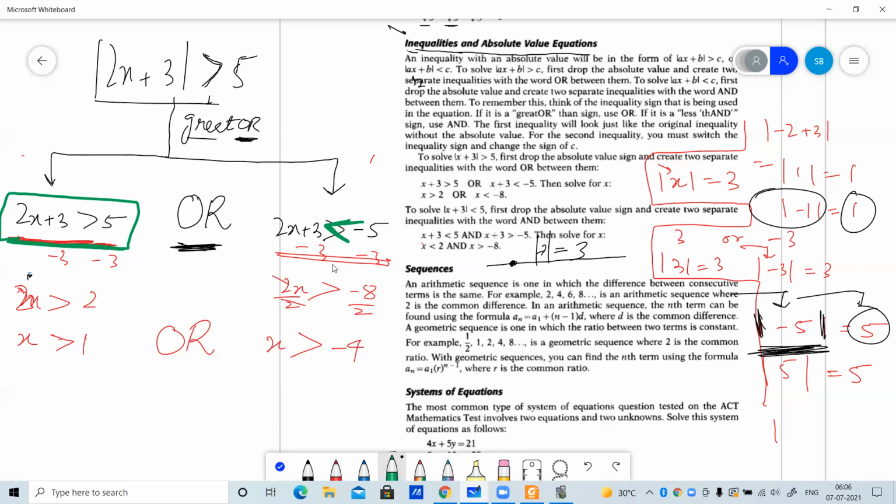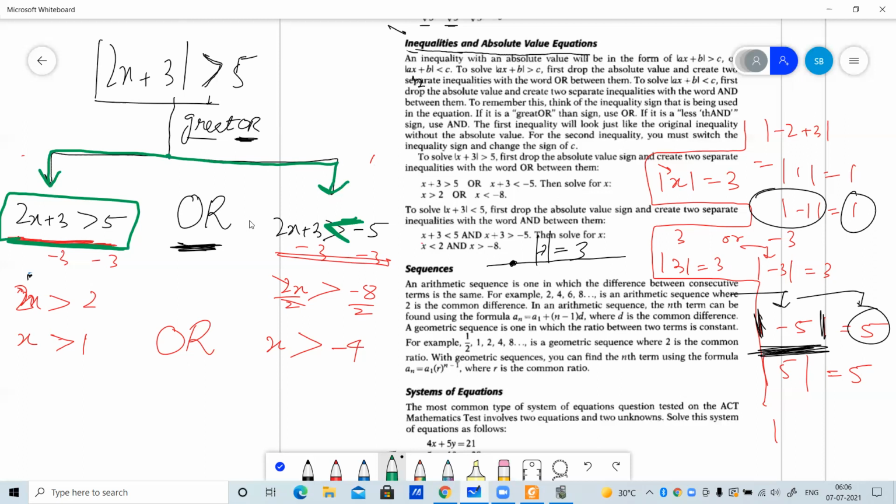That is the mistake which I did. These are the two things which we have to write: 2x plus 3 is greater than 5, or 2x plus 3 is less than -5.